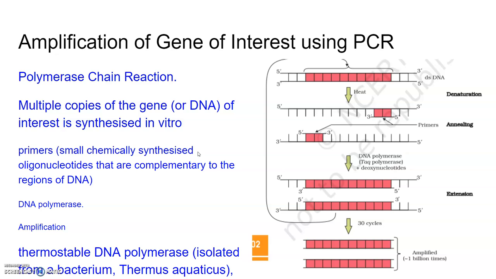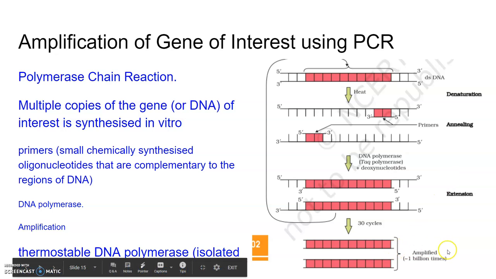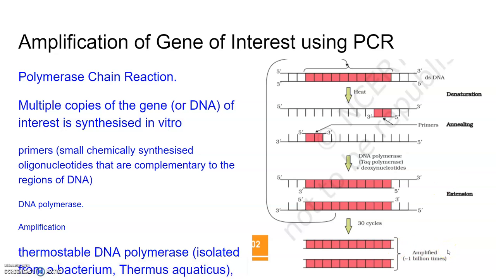Along with these primers, the enzyme DNA polymerase extends the primer along the nucleotides in the reaction, with the genomic DNA as template. If the process of replication of DNA is repeated many times, the segments of DNA can be amplified approximately a billion times. That is nearly 1 billion copies can be made.